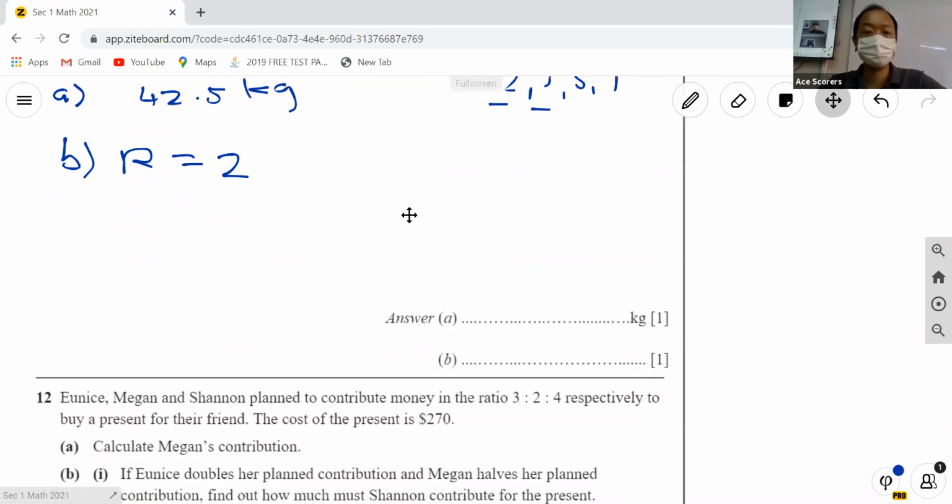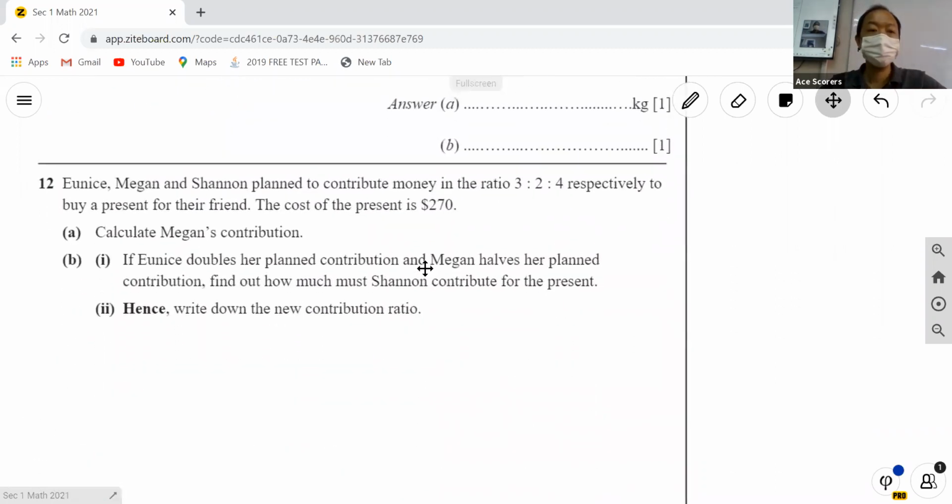Next one. Eunice, Megan, Shannon plan to contribute money in the ratio 3 to 2 to 4. The cost is, oh, it's easy, right? This is like P6. So 3 plus 2 plus 4, that's 9 units. So 9 units represents $270.